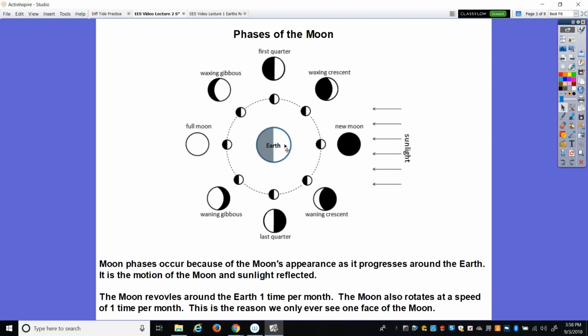We're over here on Earth. We can't see this face, and that's called a new moon, where there's no moon in the sky. As it moves in its monthly course around Earth, now we can see a little bit of that sunlight that's hitting it, and that's called a waxing crescent.